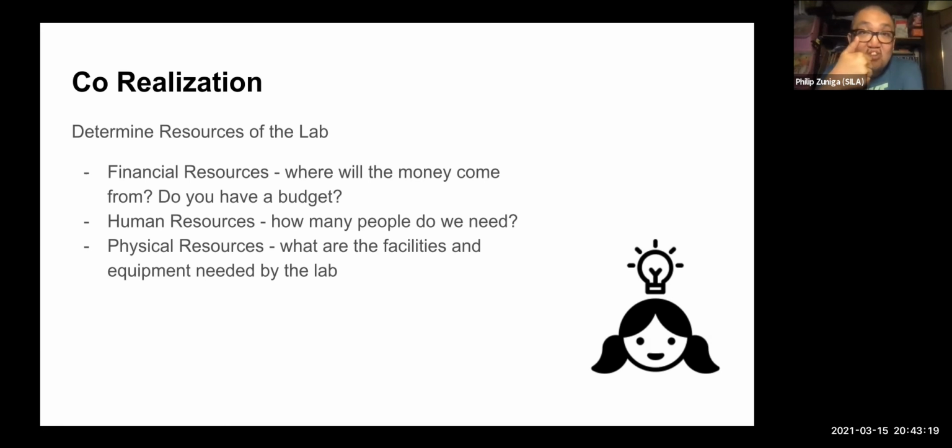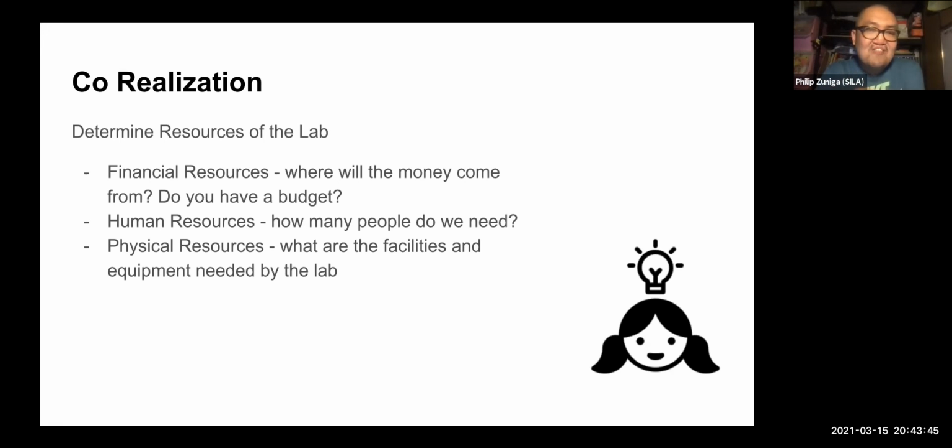Will it be from government? Will it be from private sector? Are we developing grants that will be funded by development agencies? Will we be a corporation or a revenue generating entity? So of course it is important for us to identify where that money will come from.